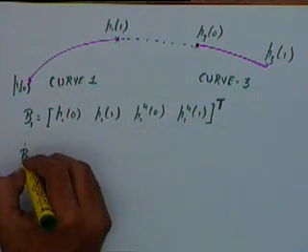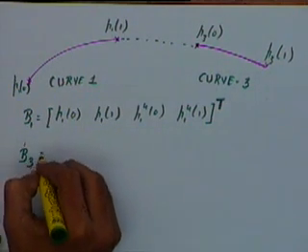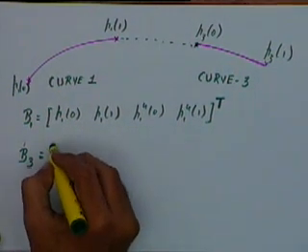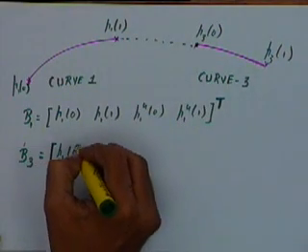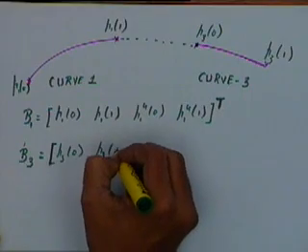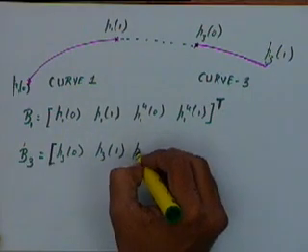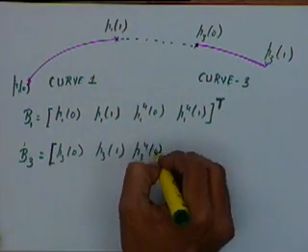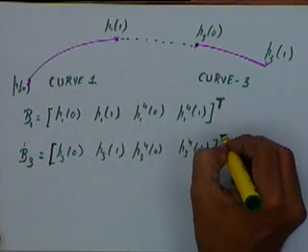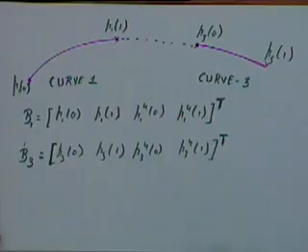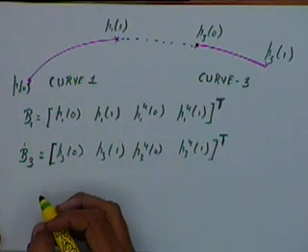Okay, the B matrix for the third curve is given by P3 of 0, P3 of 1, P3u at 0 and P3u at 1. This is a B matrix for the third curve.